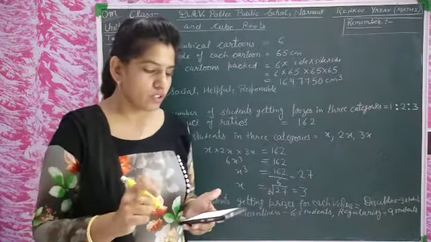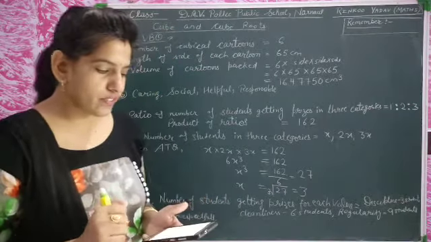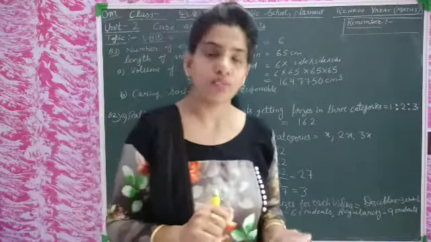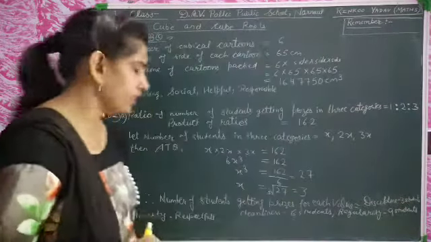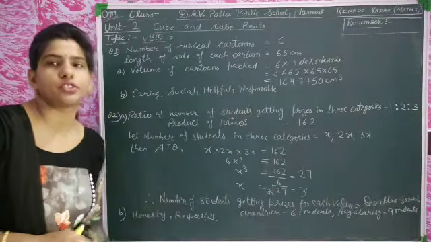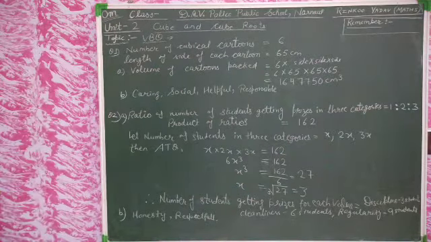Now it is given that the product of the ratios is 1:2:3.